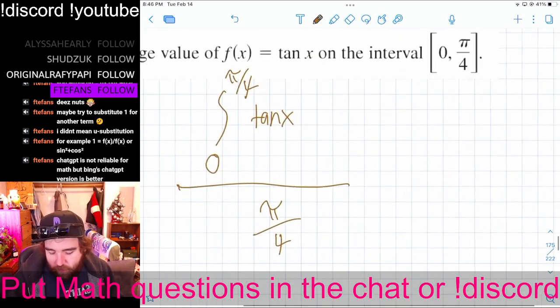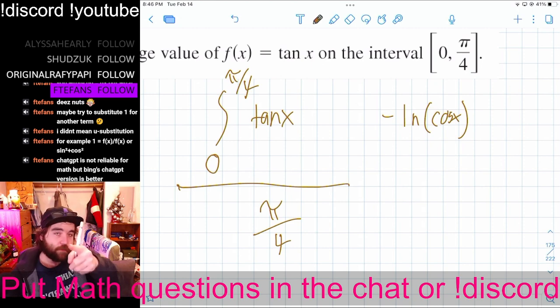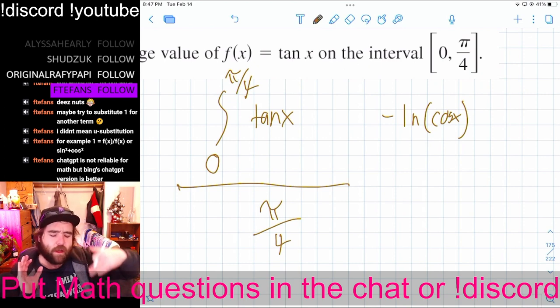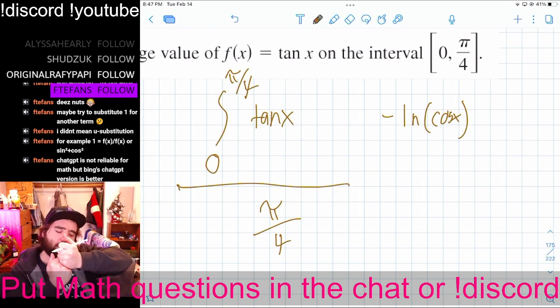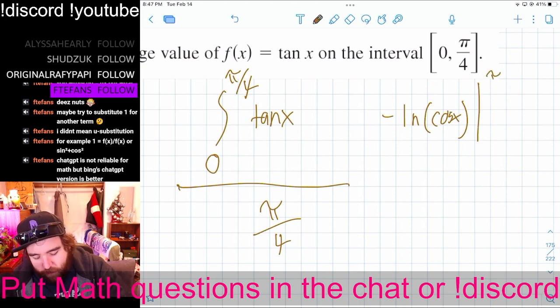We know that the integral of tangent of x is negative ln of cosine of x. We can confirm real quick, just do it in our heads. 1 over cosine times negative sine. The negatives cancel, so it would be sine over cosine. It would be tangent. Yeah, that's correct. And we want that from 0 to pi over 4.